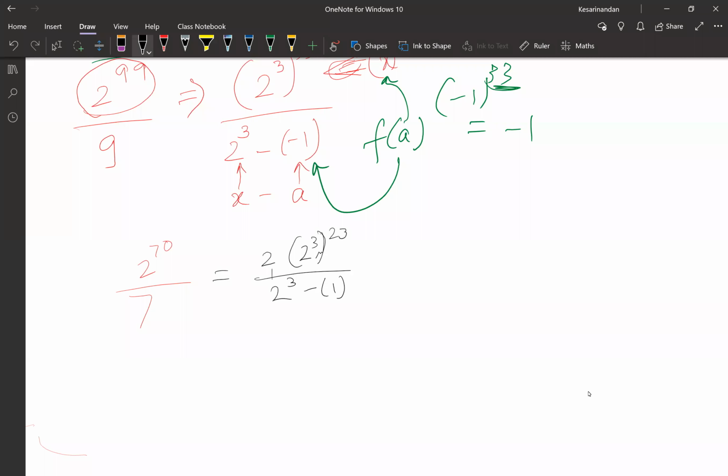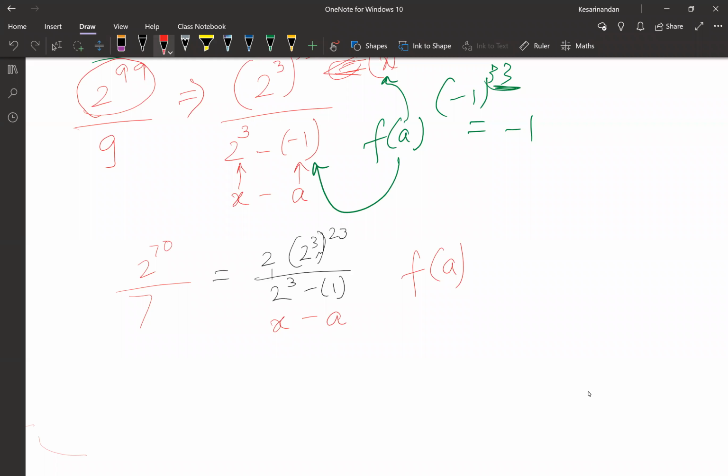Yes. Okay. Now I will take this as x minus a. Now, according to remainder theorem, what is the remainder? f of a. A is 1. So what is f of a, guys? 2 into 2, exactly. 2 into 1, minus the 2.